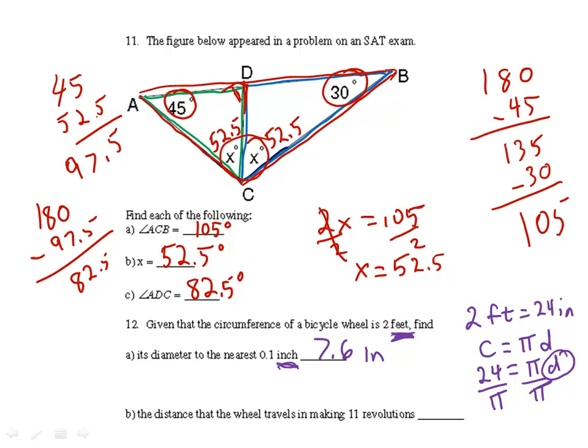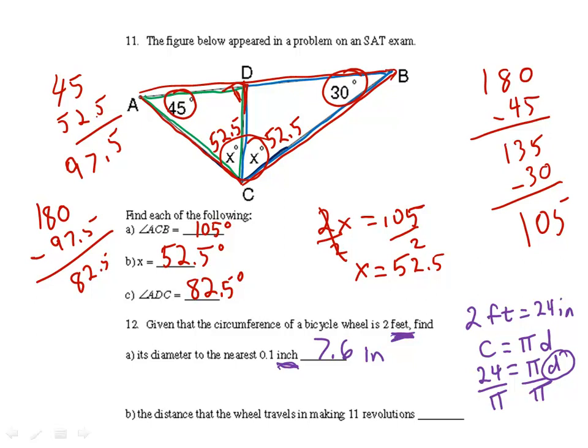Alright, so how far does the wheel travel? What is the distance that the wheel travels in making 11 revolutions? 11 full revolutions. You might not know this, but when a wheel goes around, like your bicycle wheel, when it makes one complete revolution, the distance that it moves the bicycle is the circumference.